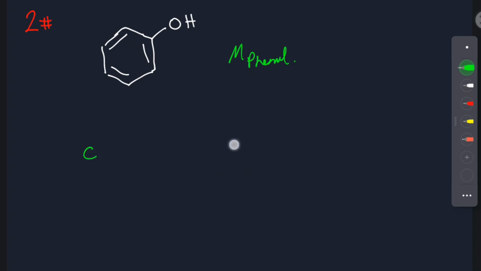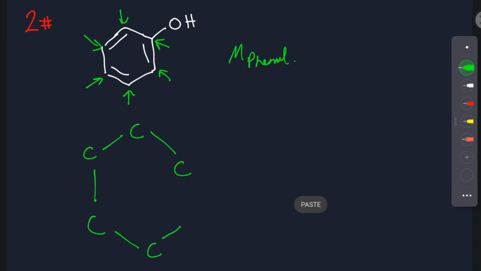So for each corner, we have 1 carbon atom. There are carbons here. Carbon, carbon, carbon, carbon, and carbon here. And there are double bonds and 1 oxygen and 1 hydrogen.